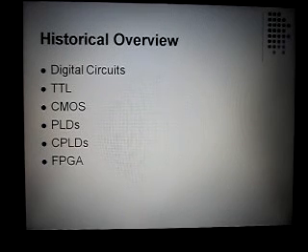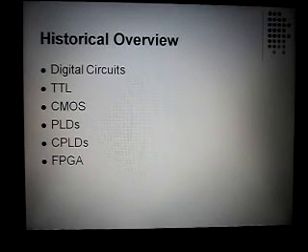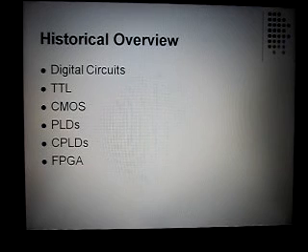Advancements in this technology brought further progress in the form of CMOS, complementary metal oxide semiconductor technology. The difference in both technologies is with respect to their power consumption, where TTL consumes more power and CMOS consumes less. TTL logic is based on BJTs, whereas CMOS comprises FETs.